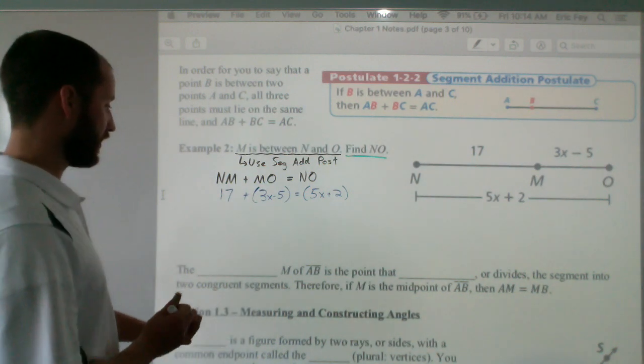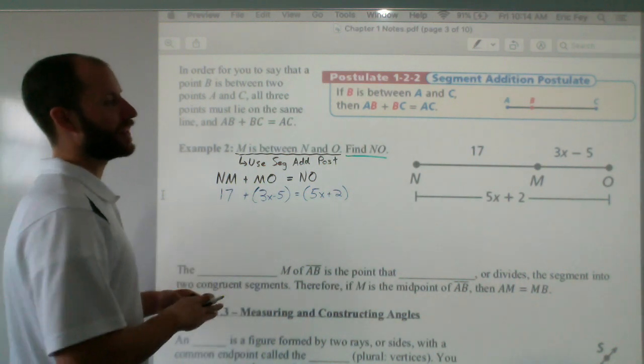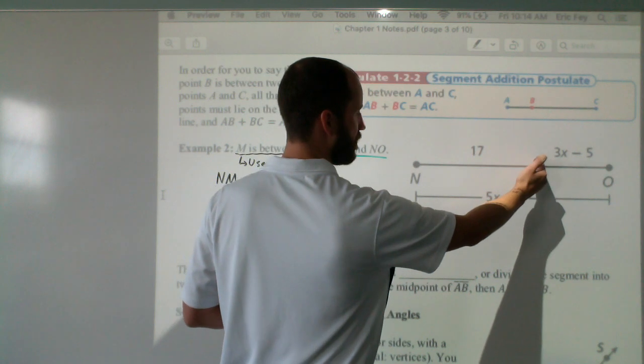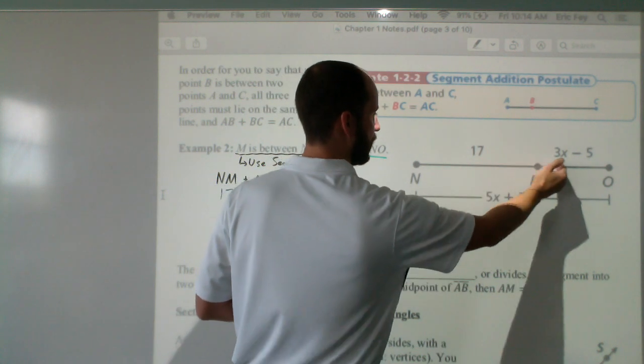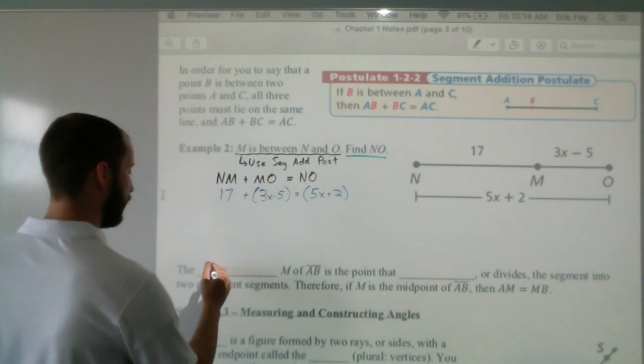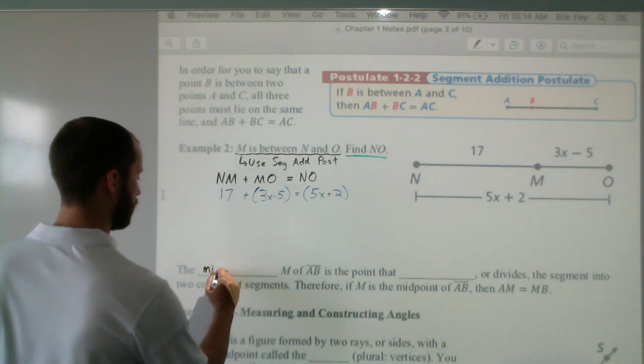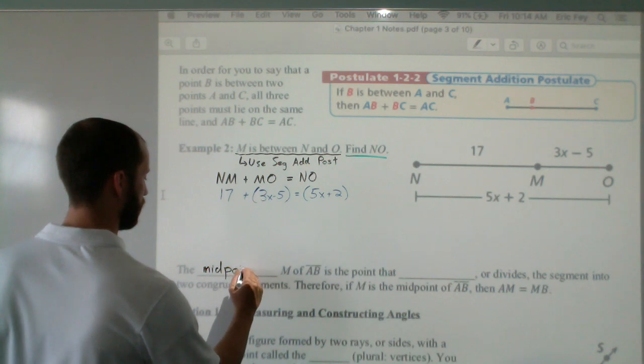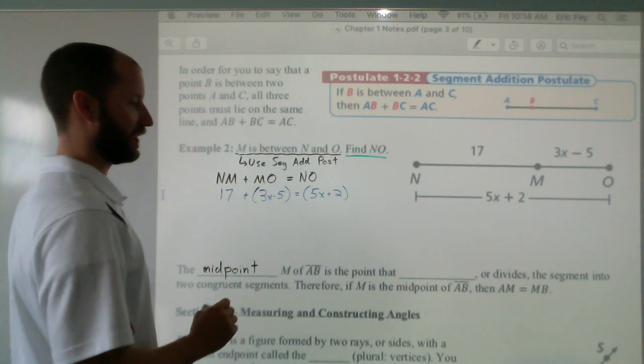So the last piece here is if you can take point M and you can slide it around NO, eventually what you can do is put it smack dab in the middle. And then it would be a midpoint.